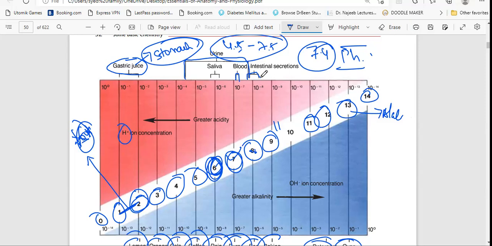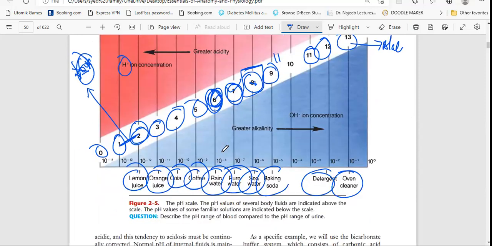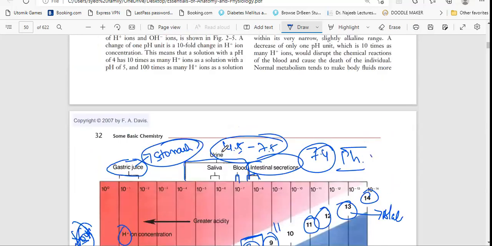Okay, good. So here we have intestinal secretion. Whatever is secreted by our intestines, some digestive enzymes are also secreted by our intestine. Their pH level is between 7.5 and 8.5. So this is the pH scale we have to understand.